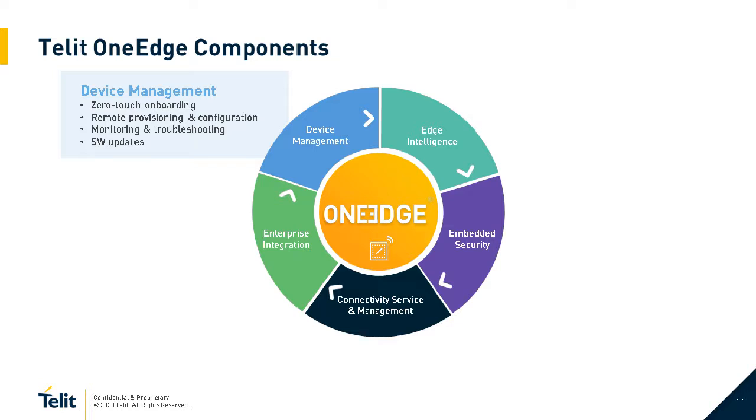This is zero-touch onboarding, remote provisioning and configuration, monitoring and troubleshooting, and all the software update management, whether it's the cellular radio or the application, being able to manage that device and eliminate costly truck rolls. I think today the current moniker is that a truck roll costs about $300.